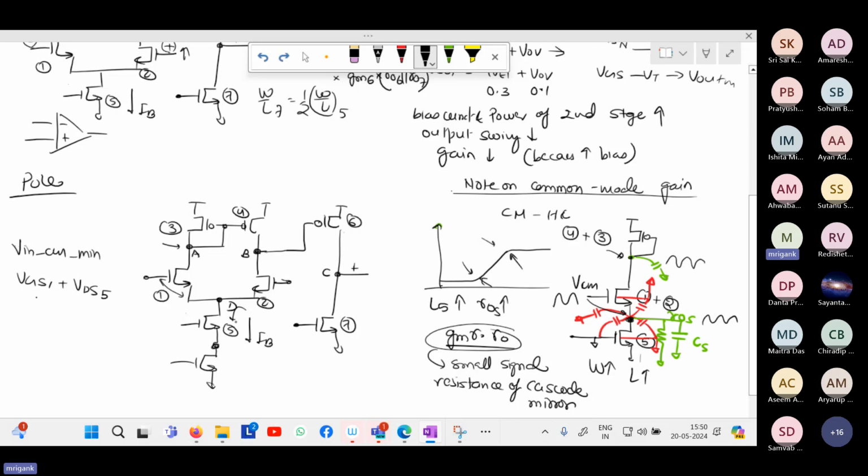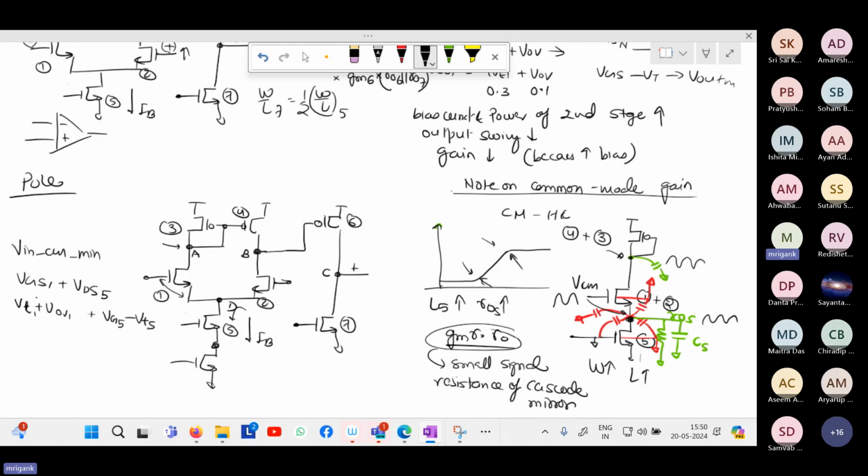So V in CM will be decided by these, and we have already discussed how to reduce this. This is dependent upon VT1 plus V overdrive of 1. And this is dependent upon VG. So VG, this minimum value is VG5 minus VT5. And both these values can be improved by increasing the W by L of M1 and M5 that we discussed yesterday also.